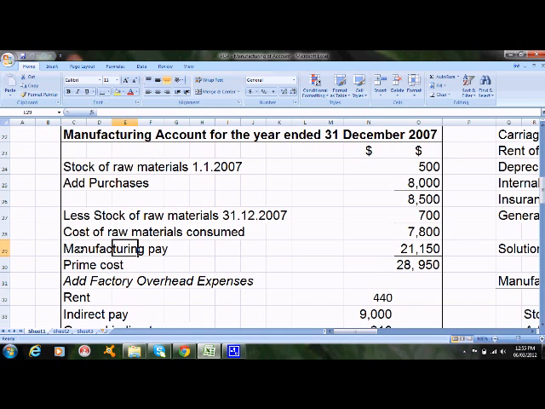Manufacturing pay is what we call payment for direct labor. Here we don't have any direct expense. So here now we add 21,150 to 7,800. When you add that, you get what they call prime cost, which is 28,950.